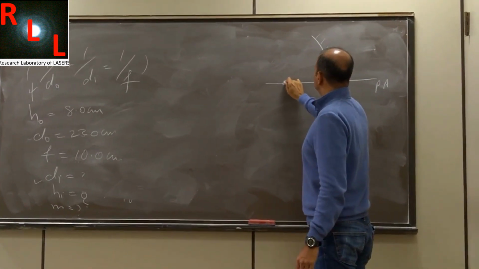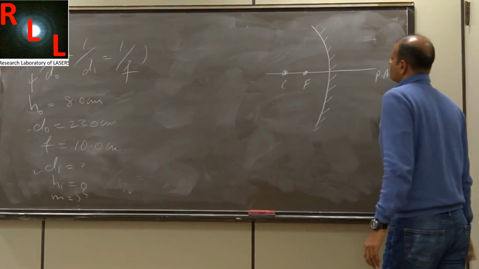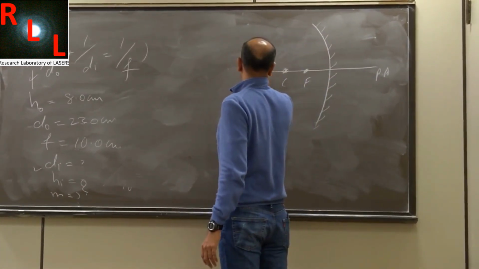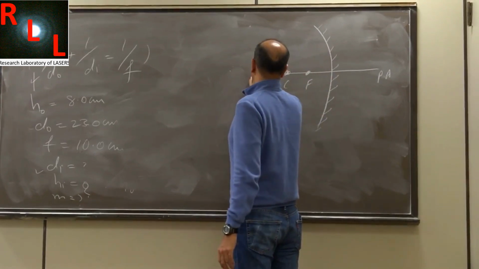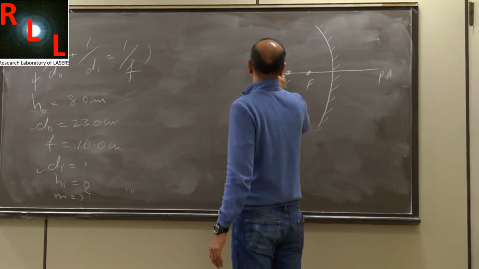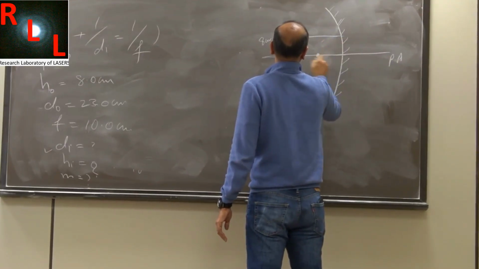Here you have C somewhere and here your F somewhere. Object 23, you can suppose it somewhere here. This is 10, 10, so here F and here C.